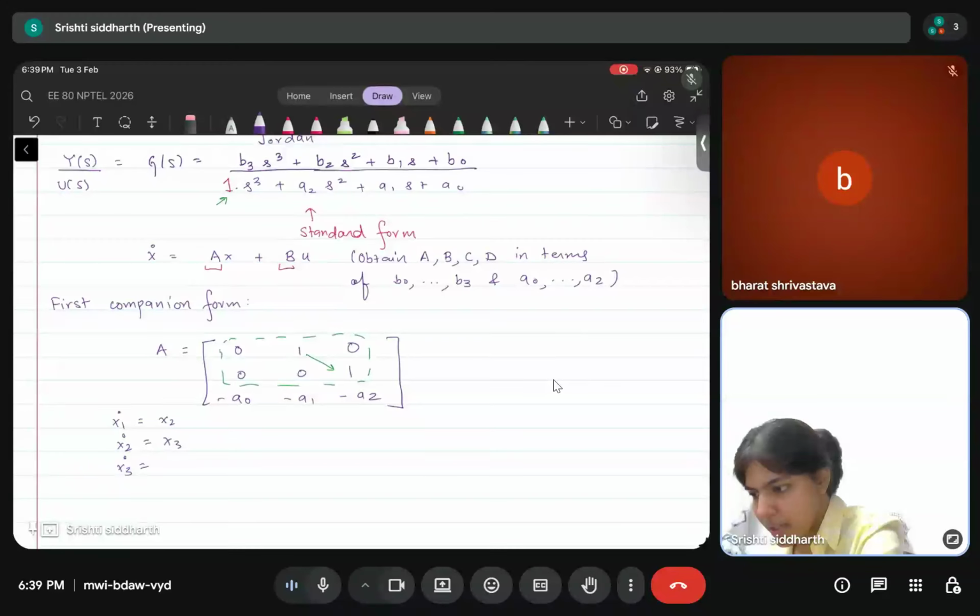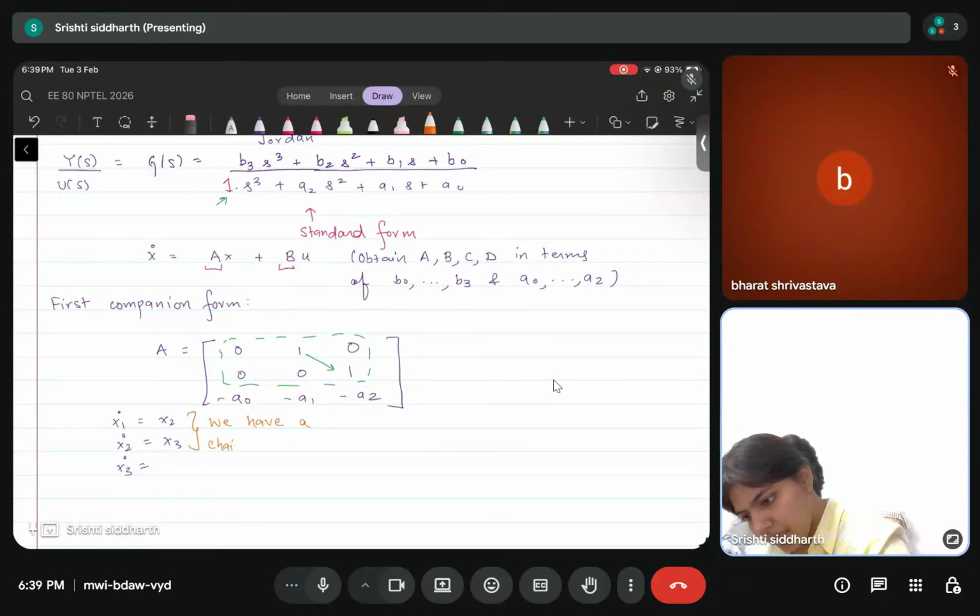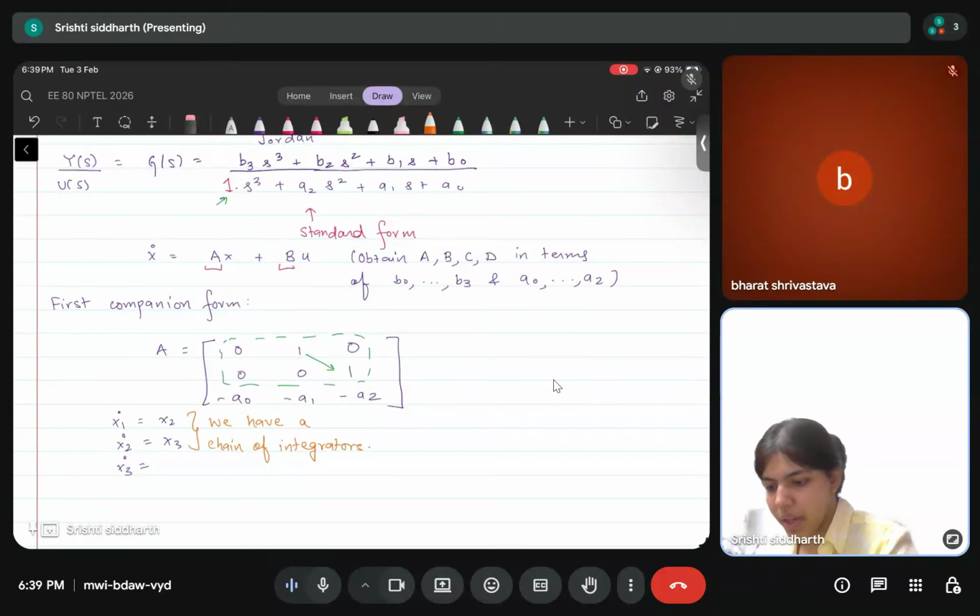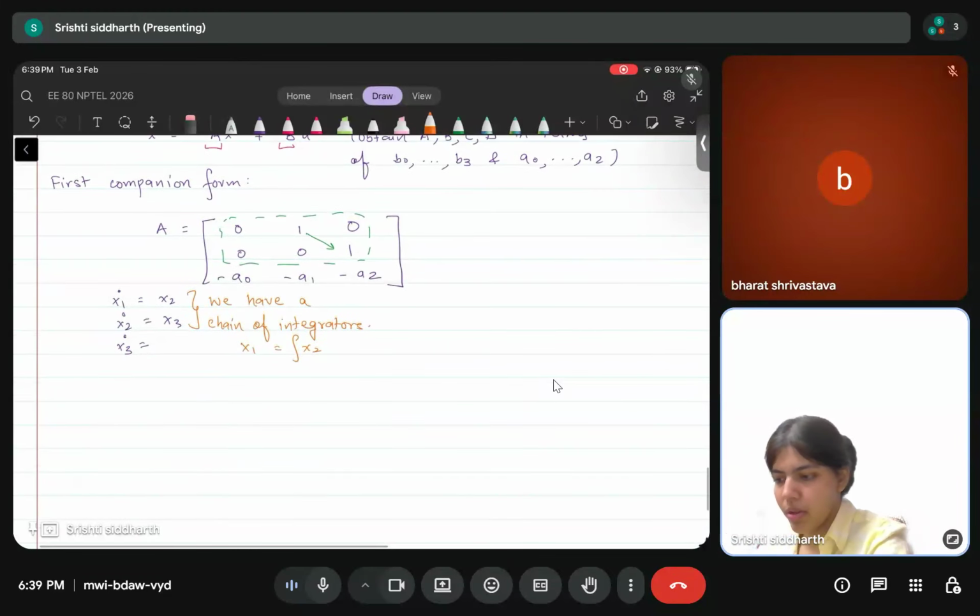So this implies that we have a chain of integrators. Why? Because x1 is actually the integral of x2, right? And so on. So this is A, and then B is simply 0, 0, 1.